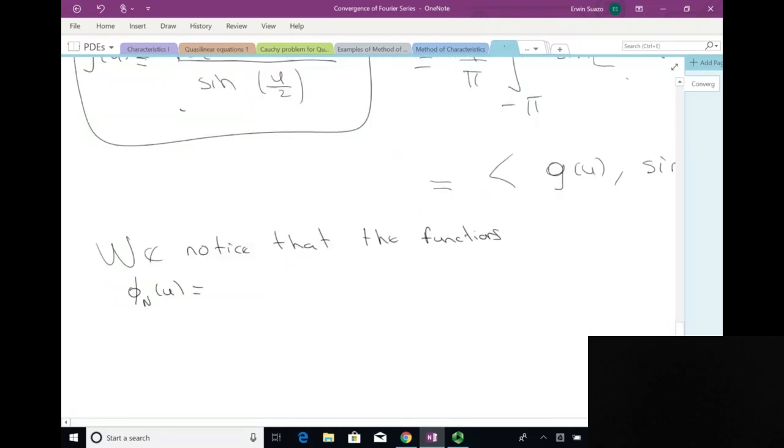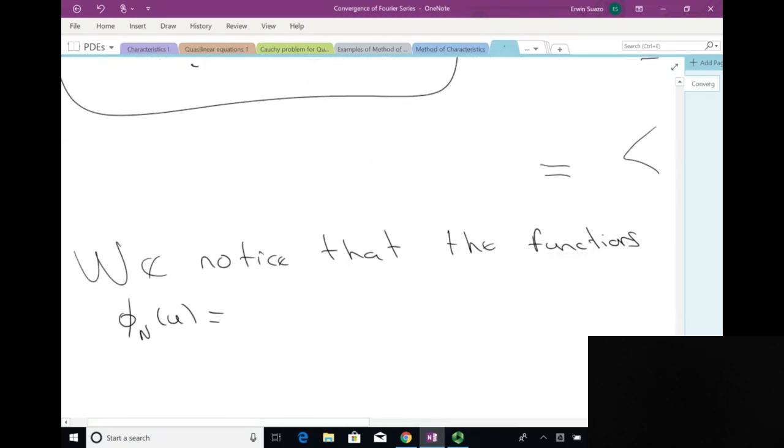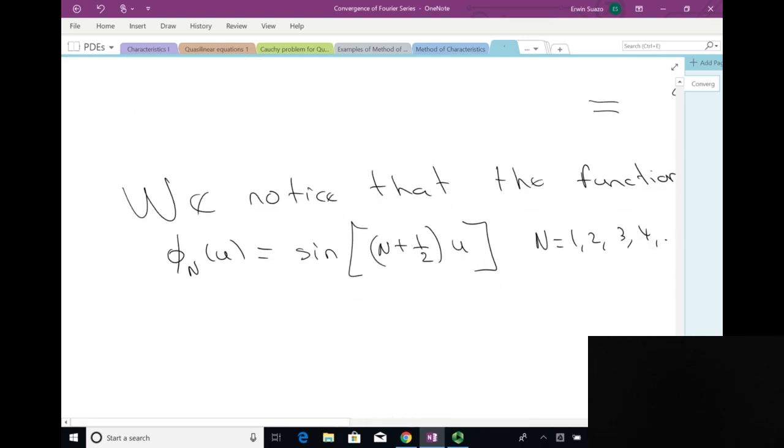So we notice that the functions phi sub N of u, that is sine N plus 1/2 u, N equals 1, 2, 3, 4, and so on, form an orthonormal basis.